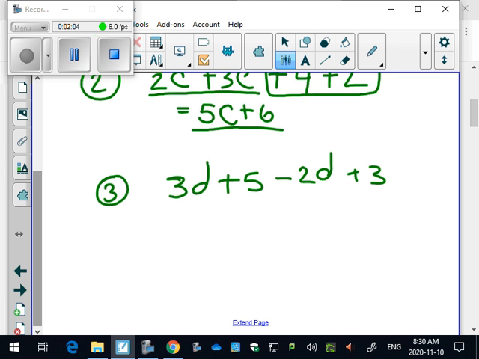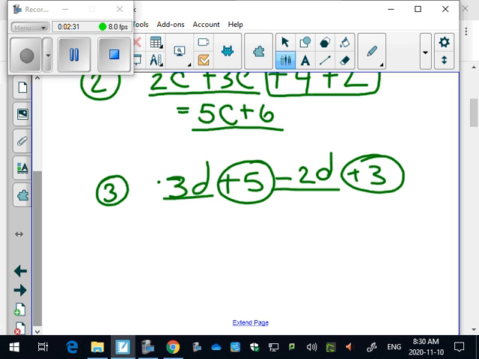But the key to this, and I always underline it so you guys can see it, is to take the sign in front of the term. So there is no sign here in front of 3D, but we know it's positive. And this one is going to be minus 2D. So when you say this to yourself, you're going to say 3D minus 2D. And similarly with the numbers that we're collecting, we're going to take positive 5 and positive 3 and add them together. You take the sign in front of it.